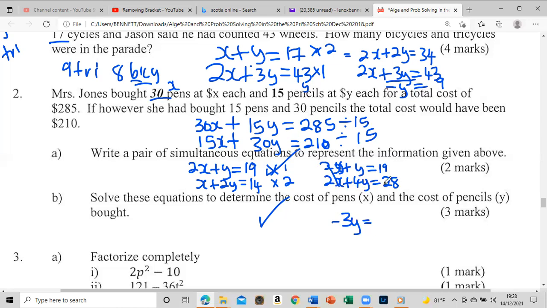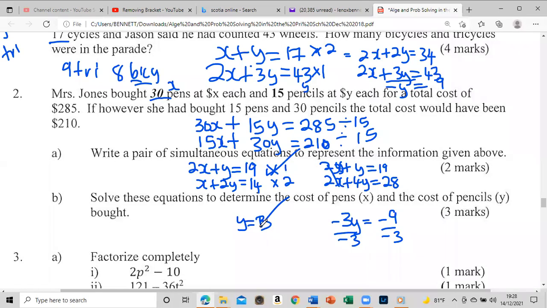So 28 subtract 19 gives 9, so 3y equals 9. So y is 3.